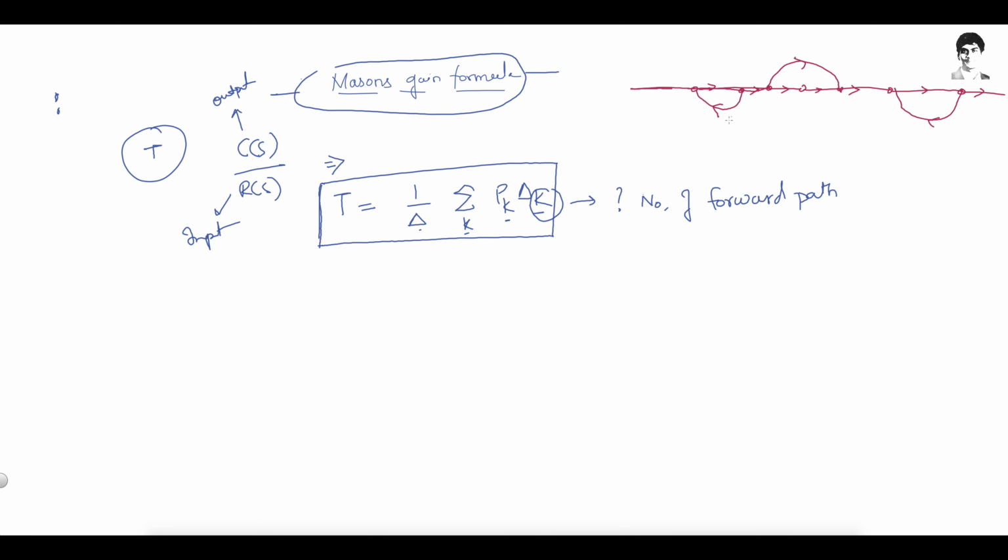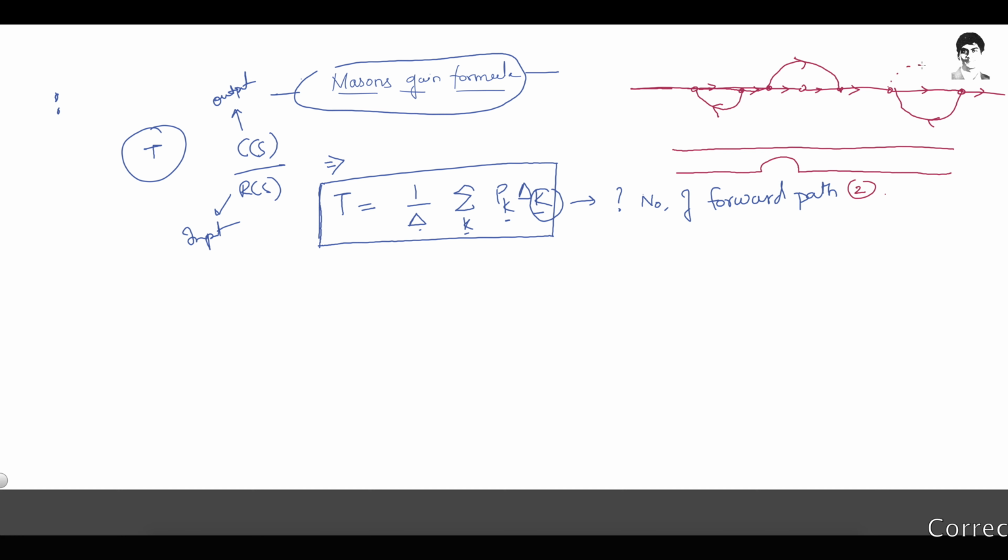Now this is our signal flow graph, a very basic one I've taken just to show you an example. The number of forward paths here is 2. The first forward path is a straight line. The second one is this: it can go like this and then this way, or it can follow the straight path.